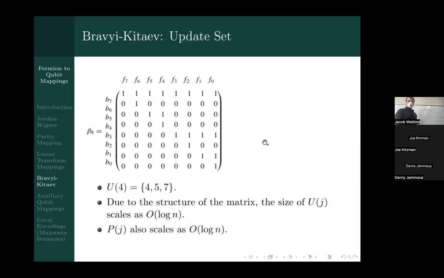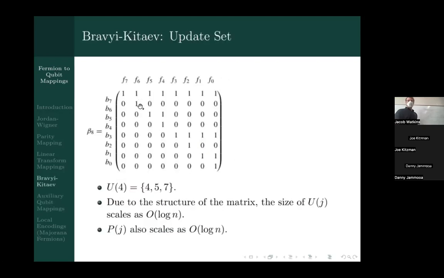Okay. So because the last qubit, I think, stores the parity of all of the fermions, but then you have various partial parities. So all of the even numbered qubits just store the parity of a single fermion.